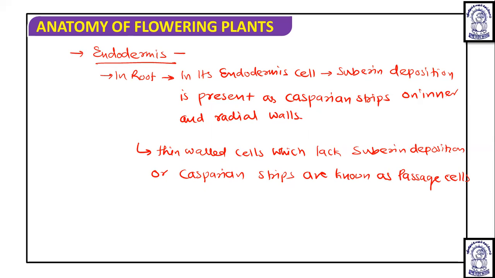Actually, the suberin is impermeable to water. But passage cells do not have suberin or Casparian strips in the endodermis. So due to this, they can allow the transport of water.